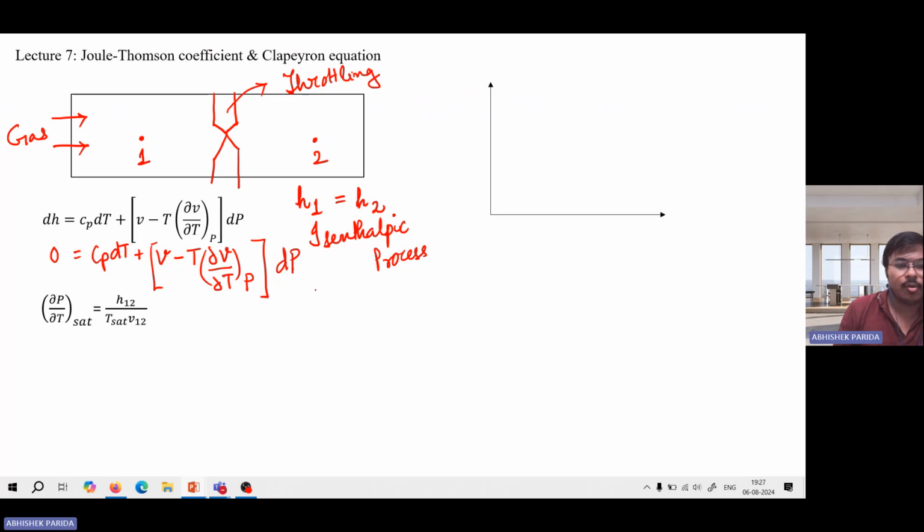Now if you take the other side, minus Cp dT is equal to V minus T dou V by dou T at constant pressure, times dP.